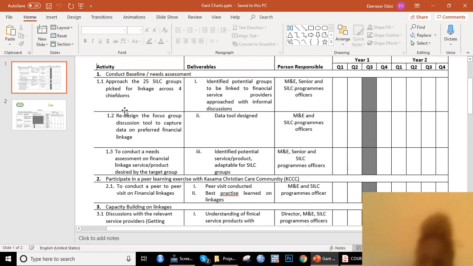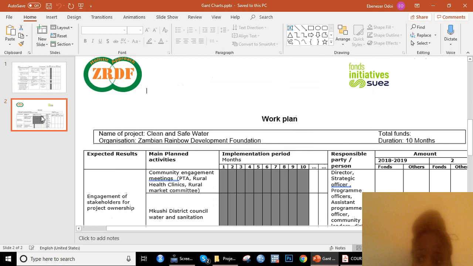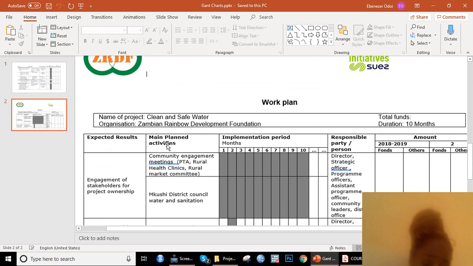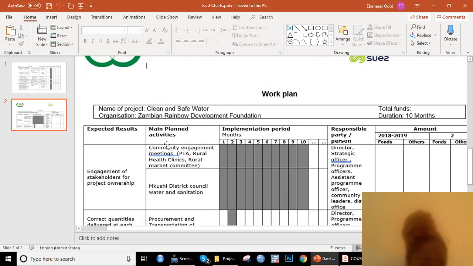The other example of the Gantt chart that we had showed activities as well as a cost implication of the activity. More so when you are receiving funding nowadays, an activity-based budget is preferred, which means every activity is costed.